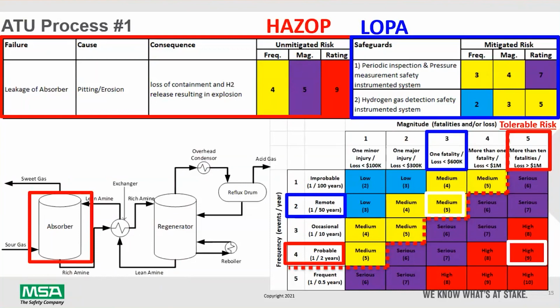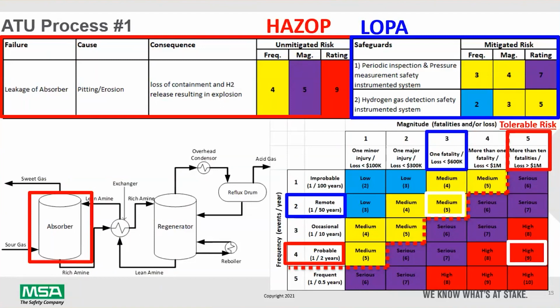And given that a gas detection system has low alarm and high alarm conditions associated with the operation of the device, that helps from both a frequency perspective with the low alarm as well as a magnitude perspective with the high alarm, driving us to a rating of 5, placing us into the tolerable risk level.